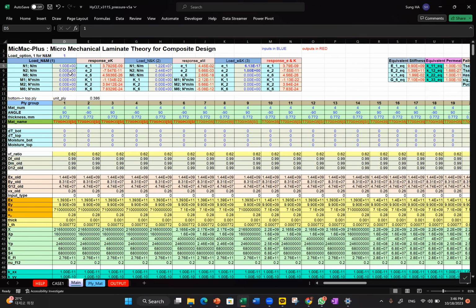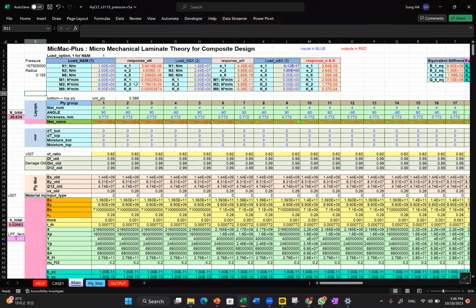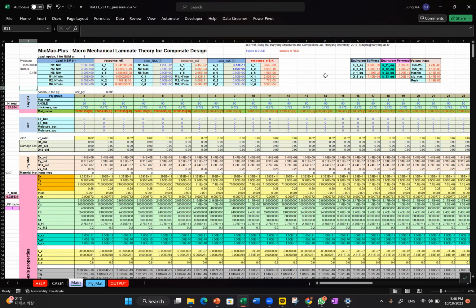Of course, if we enter 0, 0, 0, there will be no deformation. And for any load, you can see that there is some output of strain. Well, we don't know anything about the magnitude and values. We just would like to understand the format of this program.